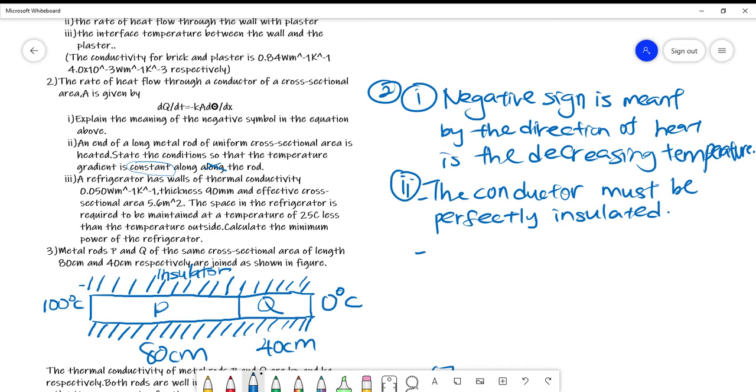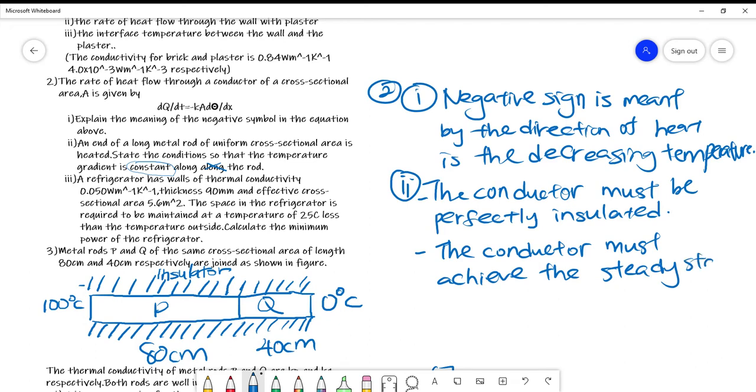So what we need to do for the temperature gradient to be constant is the conductor must achieve the steady state. So steady state basically means that this is the temperature and this is the x. So steady state is the straight line for the graph of temperature against the distance.